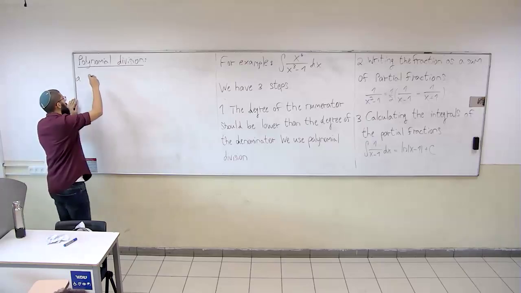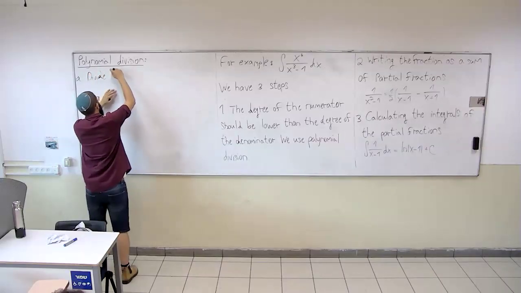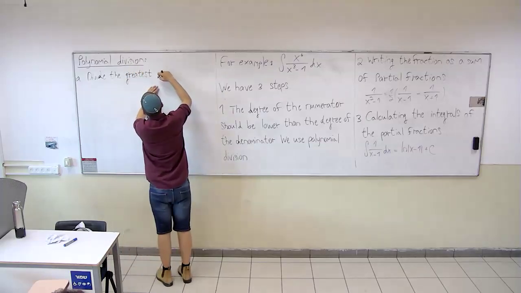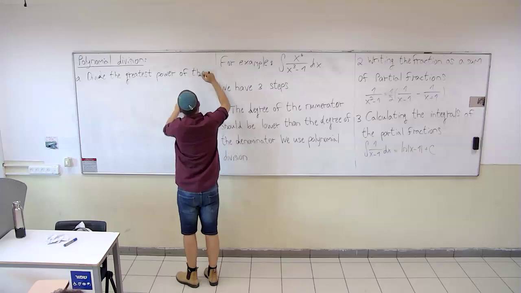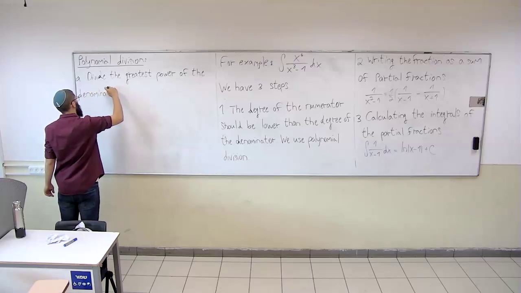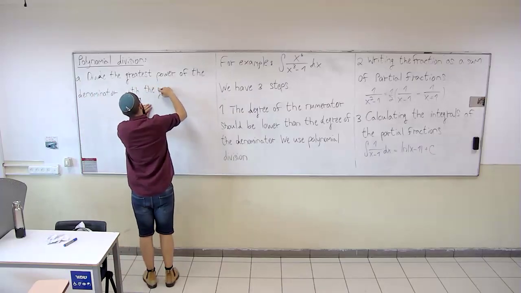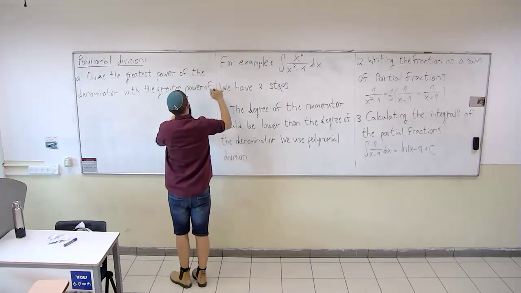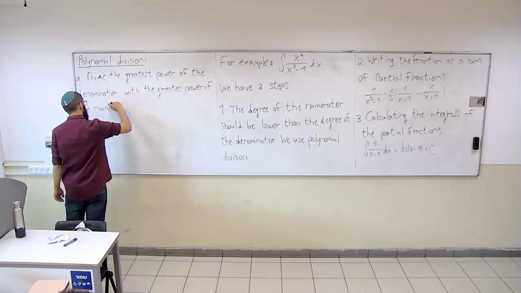What do we actually do? We divide. Let's write it: divide the greatest power of the denominator with the greatest power of the numerator.